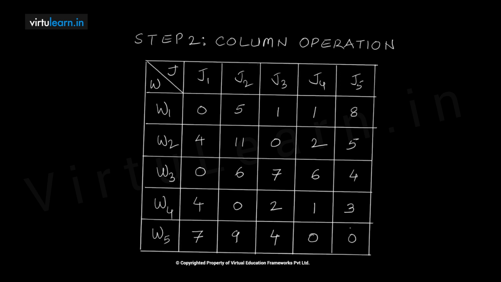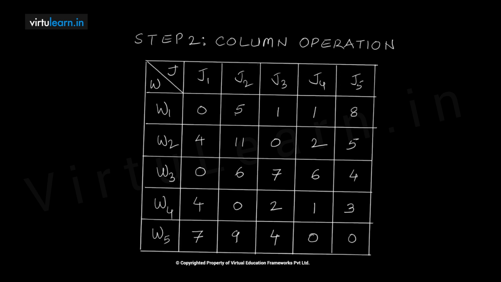Now we proceed with allocation. We have a procedure to allocate in the following manner. First we need to go to the first row and look for a single zero. If a single zero is there, we allocate there by marking it with a box or square.